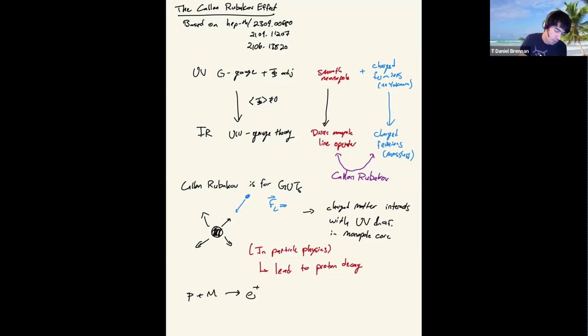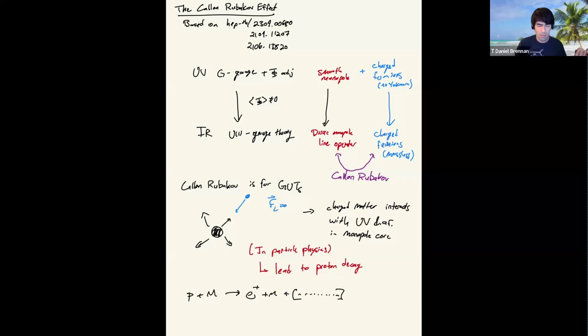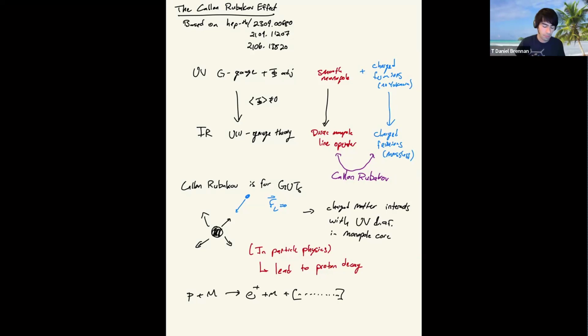Essentially what it does is it turns into a proton, you get a monopole, and then you get a bunch of other junk out. That's constrained by the non-anomalous, and by anomalous I mean ABJ anomalous, symmetries of the problem.